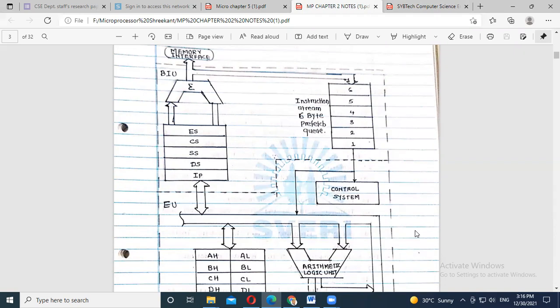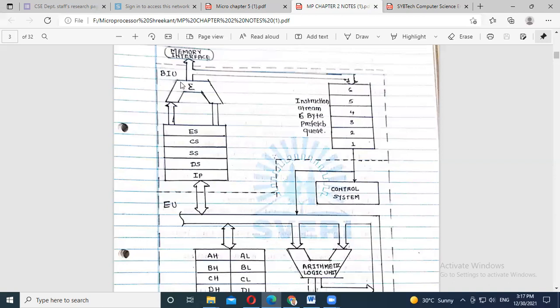The 8085 only uses 8-bit data lines, with no pipelining, no memory bank, and no segmentation. But here in the 8086, we use segmentation, and the entire architecture of 8086 is categorized or divided into two main parts: the bus interface unit.